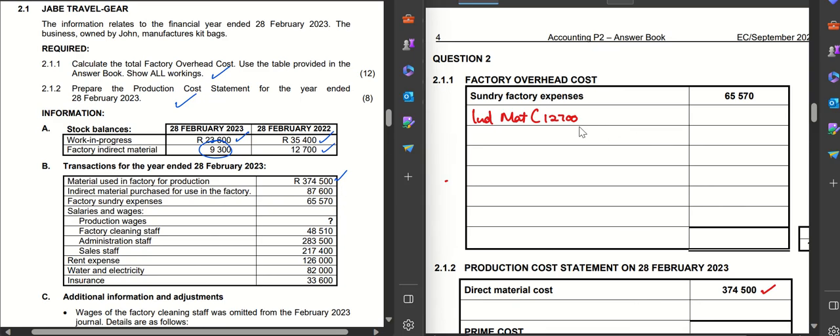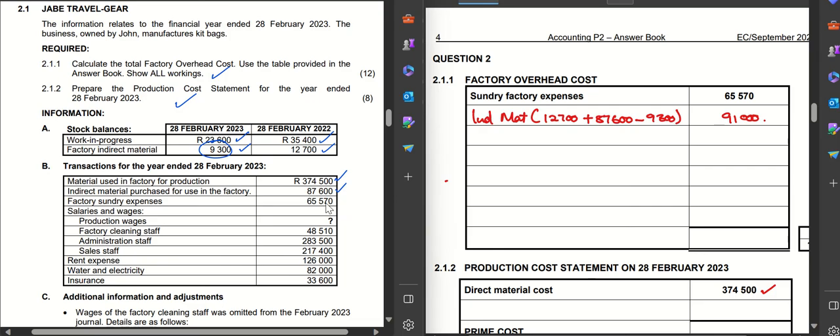So I'm now coming here to say that indirect material that was purchased, I'm going to edit here, then I'm going to say plus your 87,600. Then I say minus the 9,300. And then I can close this bracket, therefore, and then I end up with 91,000. I end up with 91,000 over there. Okay, so I've done this part already.